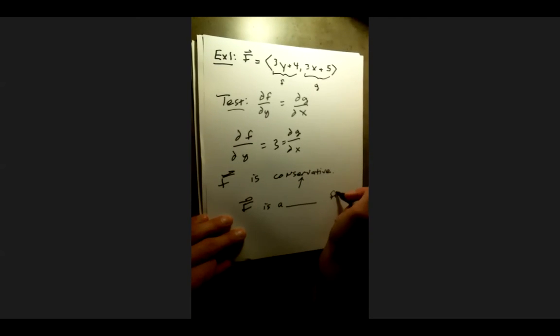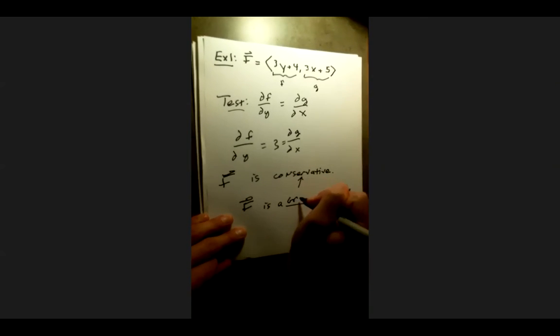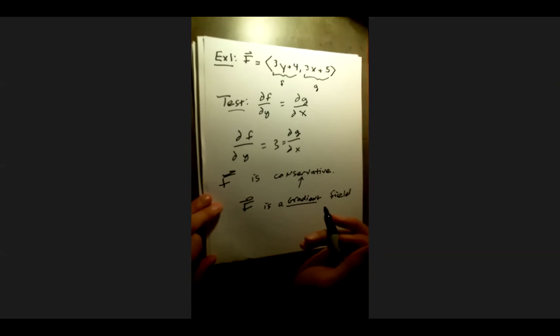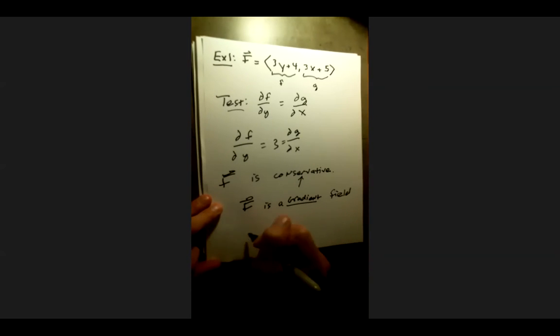Simply connected region? Nope. It's a gradient field, exactly, which also tells us that we can find a potential function from it. So since it's a gradient field, the next thing we want to do is find the potential function.